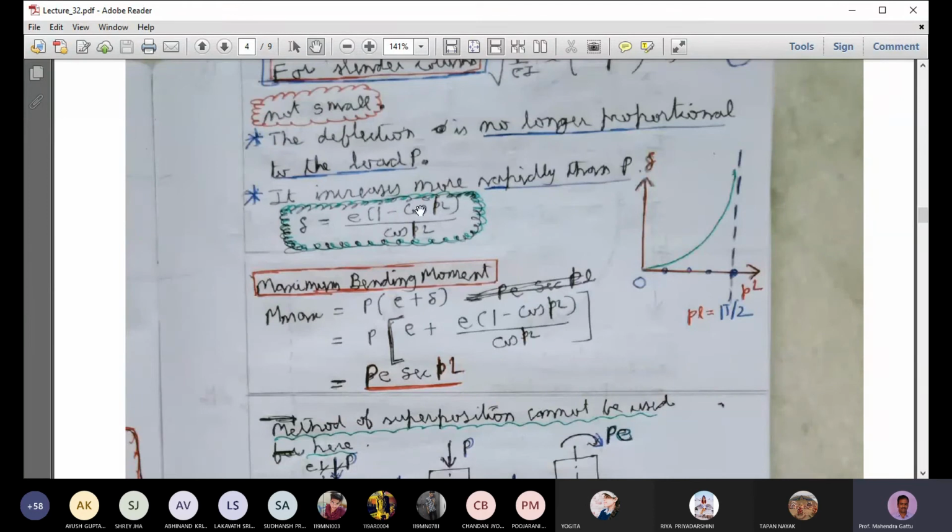So it is not a linear variation, and it increases more rapidly than P. Here PL means square root of P by EI times L. The applied load P has a finite value, but delta has an infinite value. Small PL is varying from 0 to pi by 2, but delta is varying from 0 to infinity. So there is a large variation in delta.